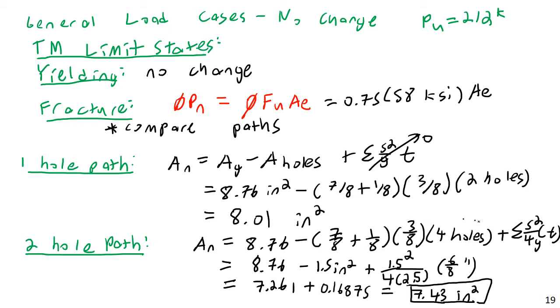The s squared over 4g isn't an exact length calculation, it's an effective length calculation. And so this one is going to be smaller, so this one will govern. So going forward, we will use this as the failure path, or the net area, for all of our calculations there.